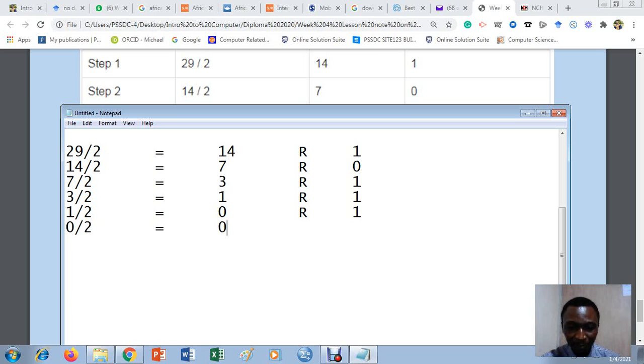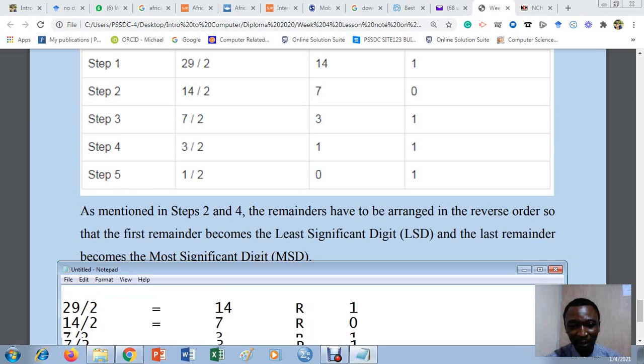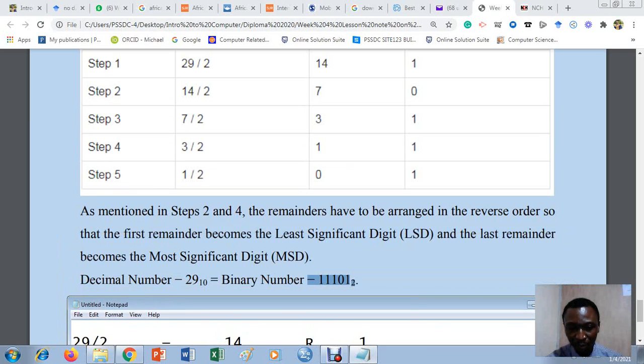It's a 0. So you stop there. So now, how are you going to write this? You now write 1, 1, 1, 0, 1, base 2. That was how we got this number 2 down here.